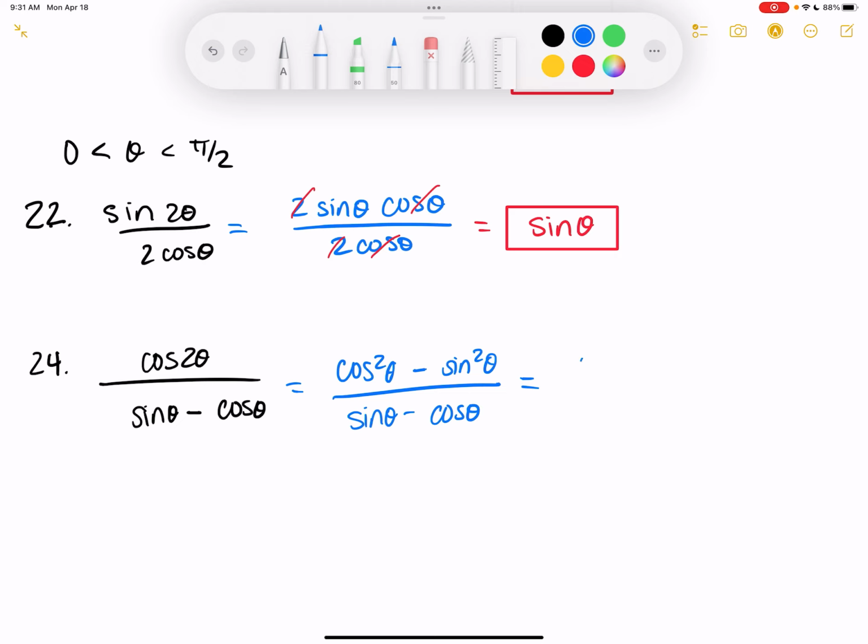Cosine theta minus sine theta, times cosine theta plus sine theta. Yes. Okay, let's verify that that's actually right, all over sine theta minus cosine theta.